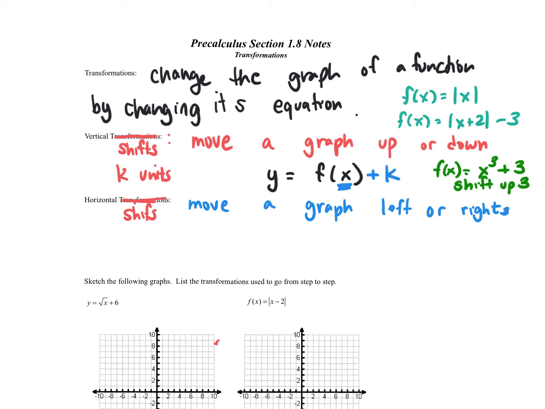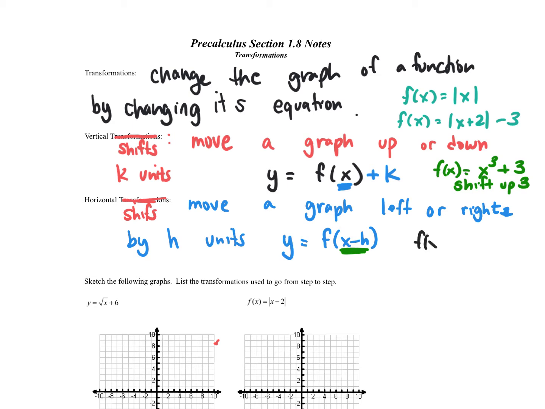We'll say by h units. And the way it works is we say y equals f of x minus h. So this is happening inside the function. And you also notice that it says minus h, so it's always the opposite of what you see.